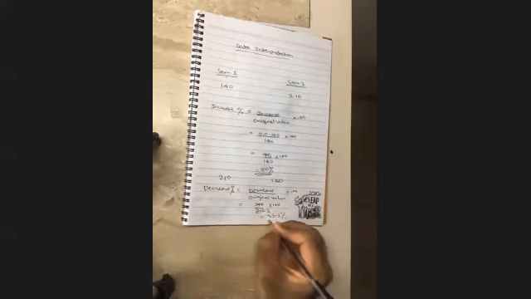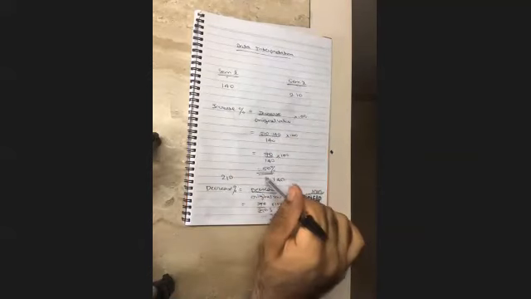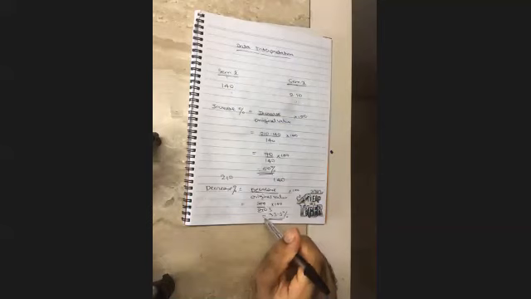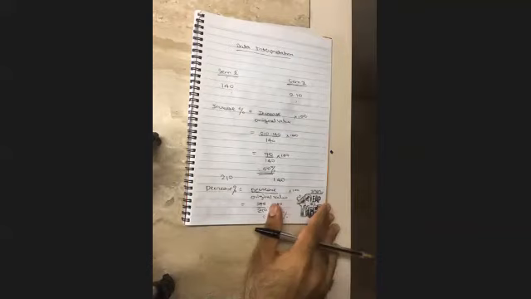So this is 33.33%. Can you see the difference? When you go from 140 to 210, there's a 50% increase. But when you're coming back from 210 to 140, there's a 33.33% decrease. So your base value is very important. This will be very important when you're doing data interpretation.